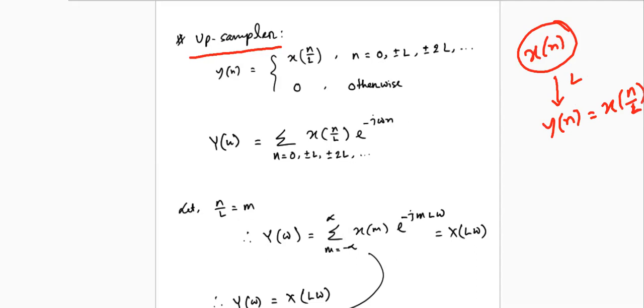At this moment, with our experience, we know how it looks in the time domain. If I want to draw it, you'll find it convenient. Let's say we have this sample, this sample, this sample. This is our xn. If you go for the upsampling, what happens?